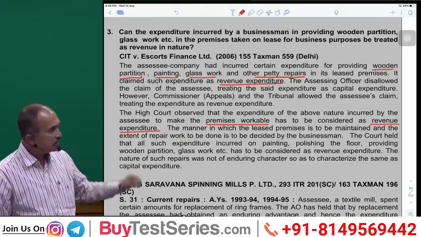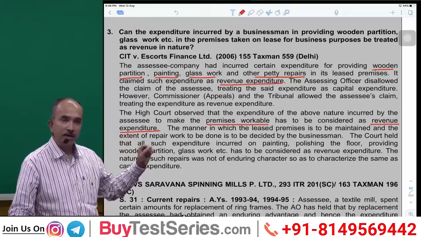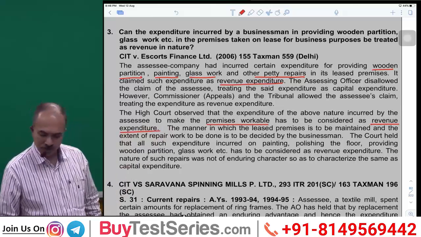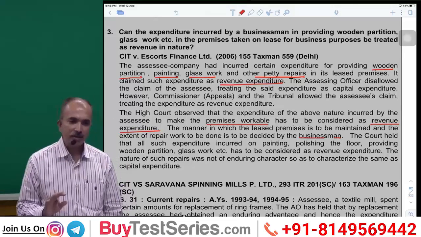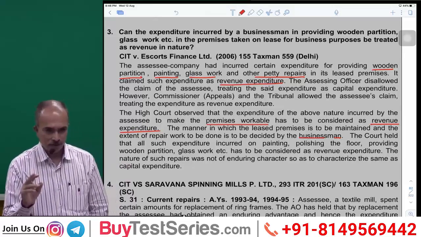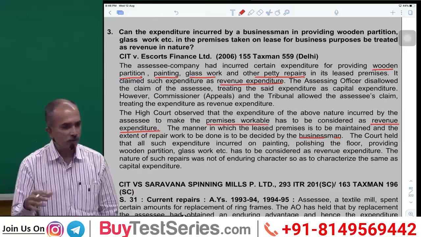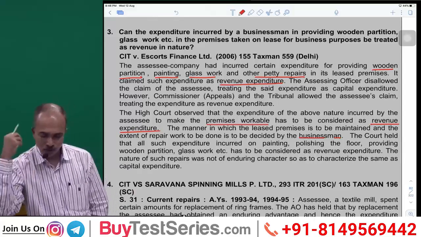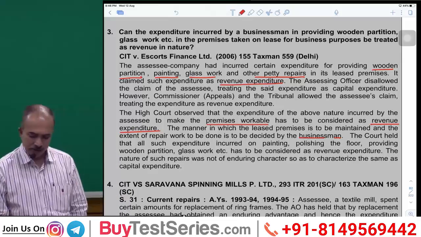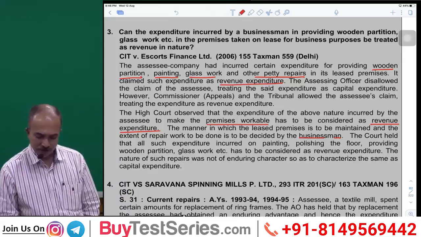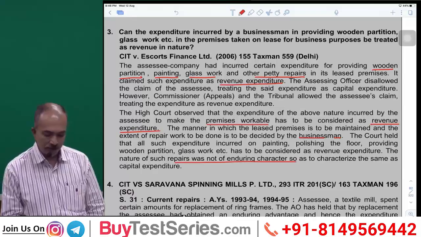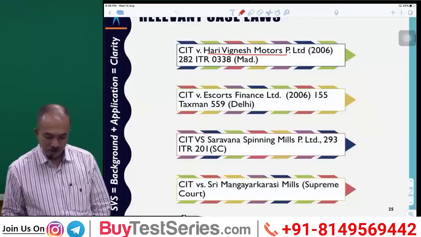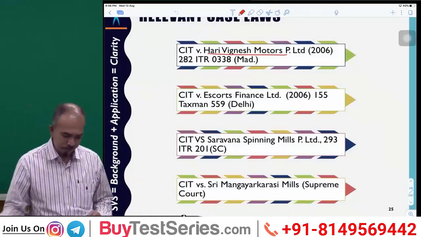The manner in which the leased premises is to be maintained and the extent of repair work is to be decided by businessmen. लीज प्रॉपर्टी पे कितना खर्चा करना है ये बिजनेसमैन ने सोचना है, whether he should spend a huge amount or a small amount, that's his problem because that money is going to go forever. The court said all this is to be treated as revenue expenditure since the repairs were not of enduring nature to classify them as capital. Very, very interesting principle. Are we clear with these two principles so far?